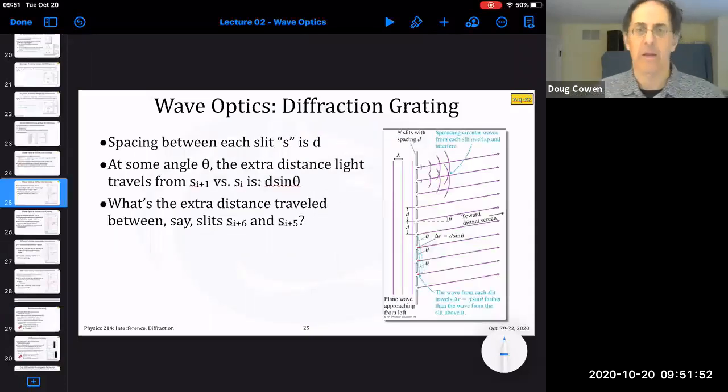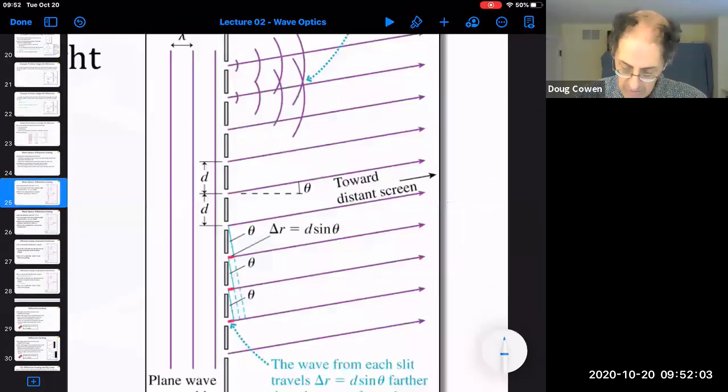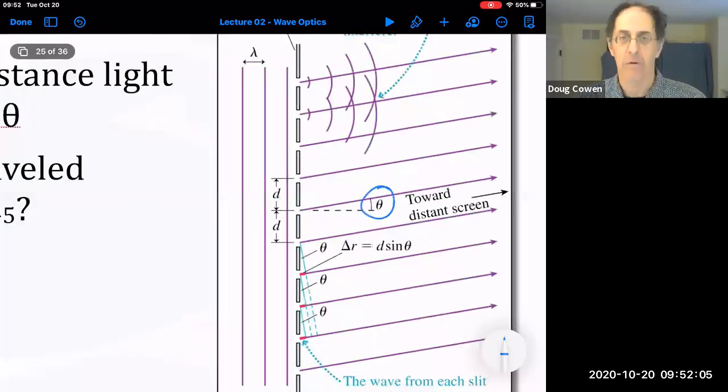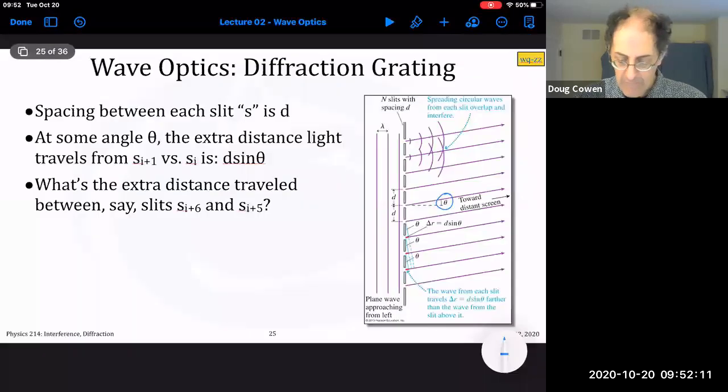So that's illustrated here. The spacing between each slit, and there are many of them shown here, is d, and at some angle theta, which is shown here using the normal definition that we're accustomed to from 2-slit and 1-slit experiments that we've just been discussing.